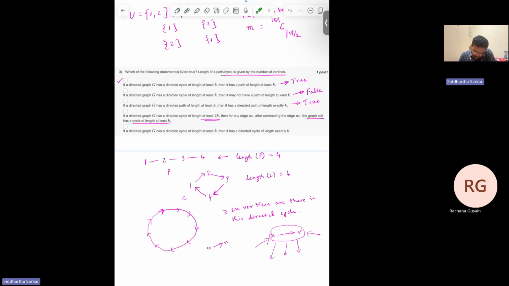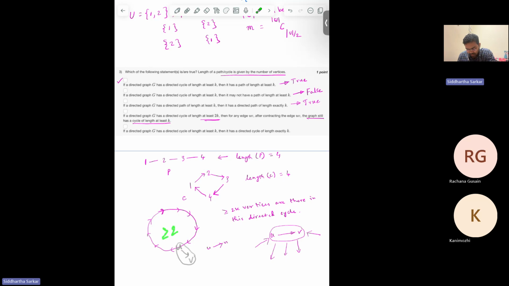For example, let u be here and v be here, and there is a uv edge. Once it gets contracted, this supernode uv becomes part of this cycle. Then again we'll have this same sized cycle. So there's nothing to worry.